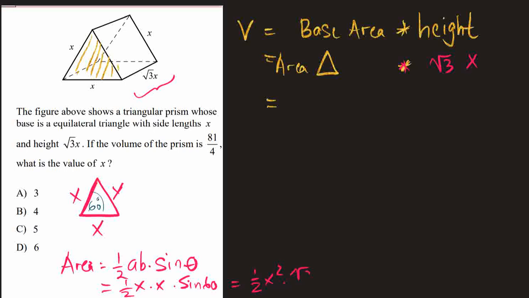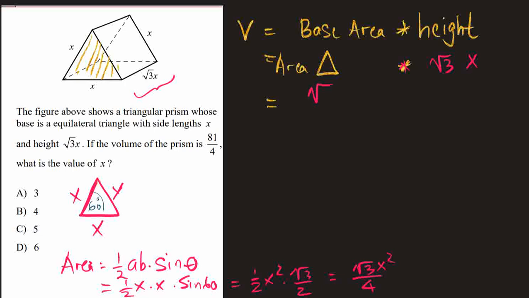Sine 60 is square root of 3 over 2, so it will be square root of 3 x squared over 4. So that is the area of the base.